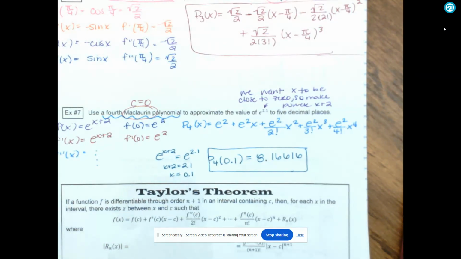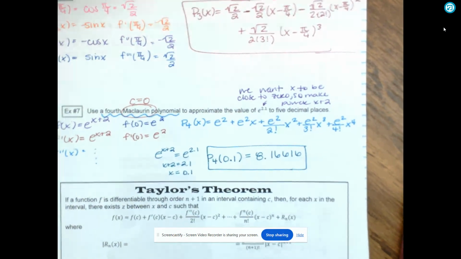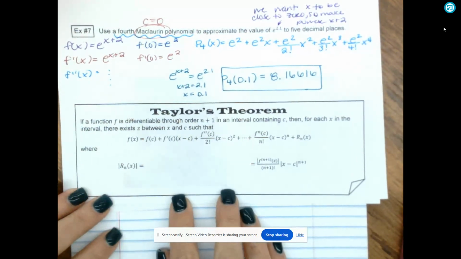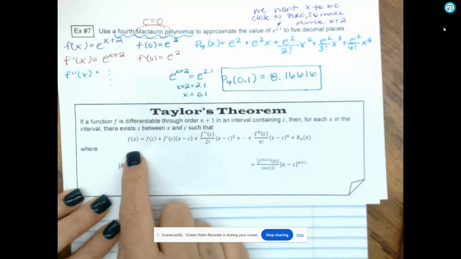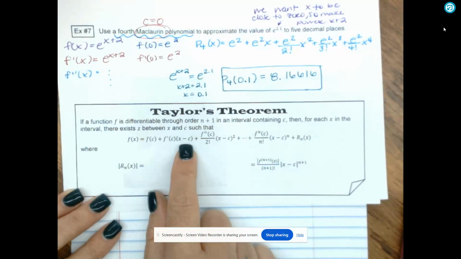Okay, so then down here at the bottom, all right, we have Taylor's theorem. All right, so if a function f is differentiable through order n plus 1 in an interval containing c, then for each x in the interval there exists a z between x and c such that.